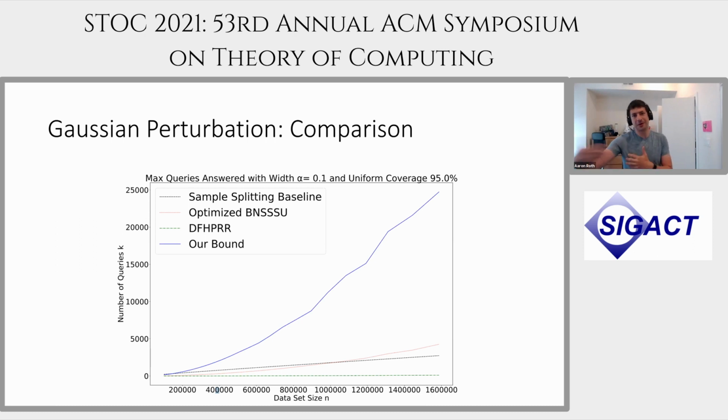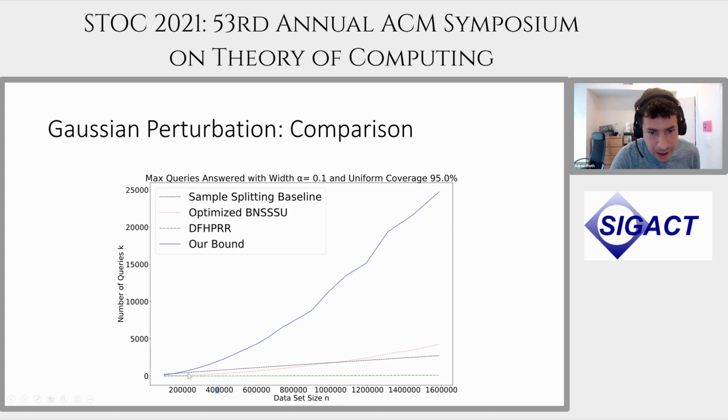If you've heard of using a holdout set in machine learning, that's the special case of sample splitting when k is 2. But if I'm going to answer k queries, I can chop my data set of size n up into k data sets, each of size n over k, and use a fresh data set for each query that comes in. It removes the adaptivity, and that's a baseline.